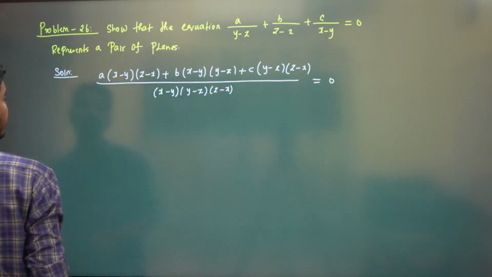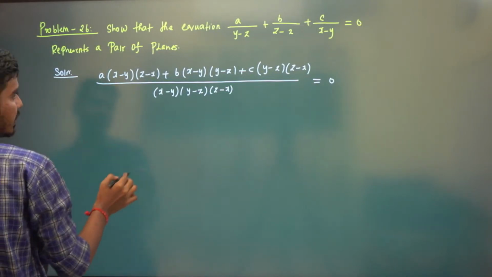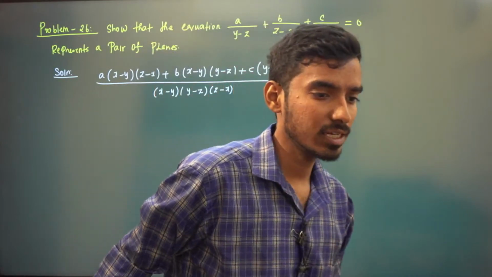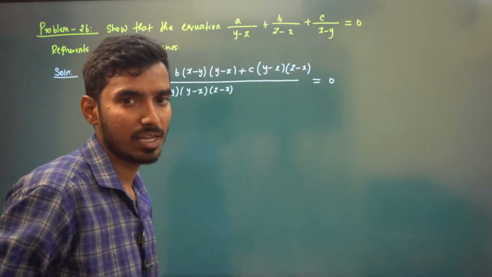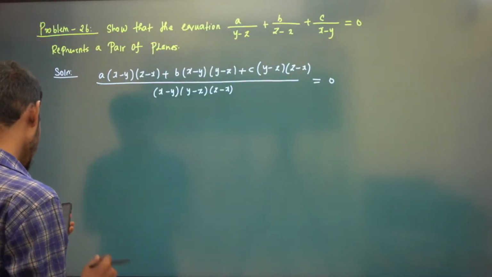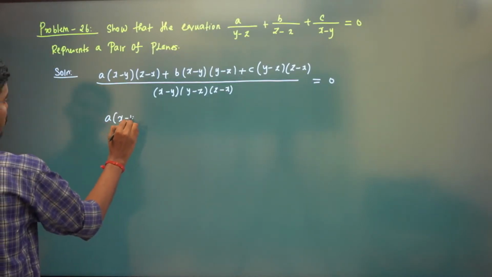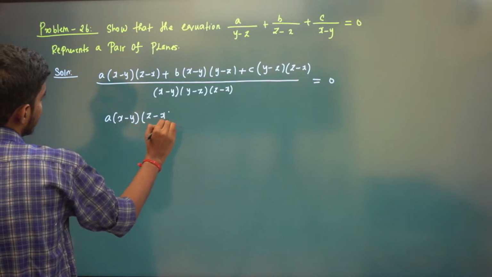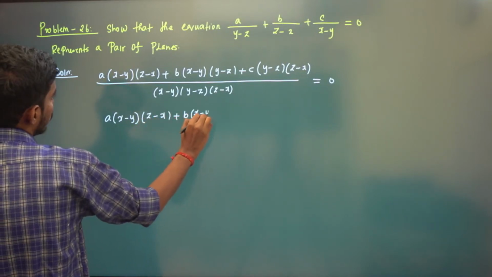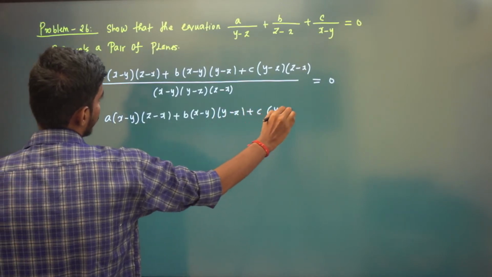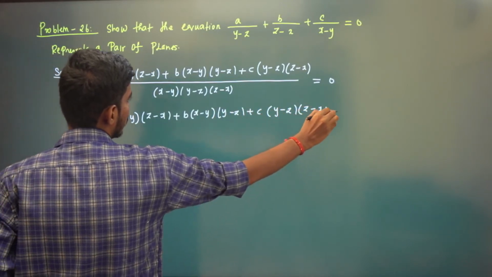So take that to that side and simplify this to ax square plus by square plus cz square plus 2h xy plus yz plus zx in that pattern. Okay, I'm not going to do this, right? So you will have a into x minus y, z minus x, b into x minus y, y minus z, c into y minus z, z minus x is equal to 0.